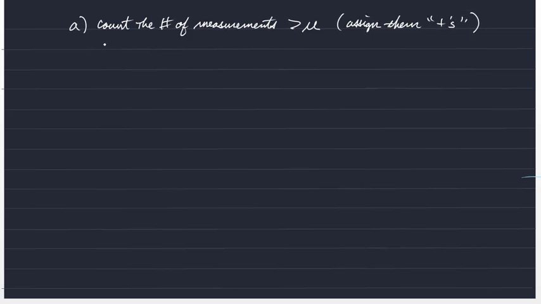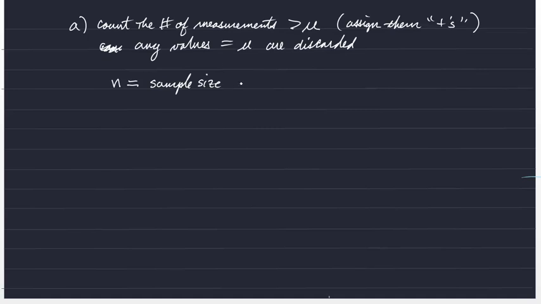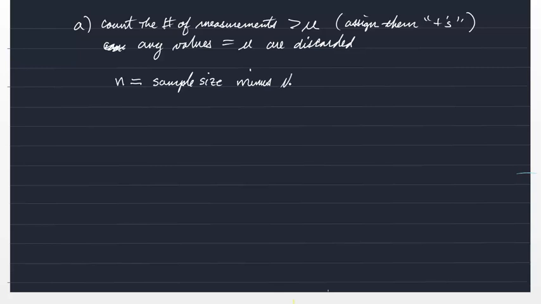Any values equal to mu are discarded, because n, the number of tries, is equal to the sample size minus the number of discarded samples.